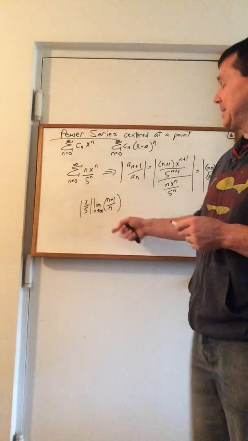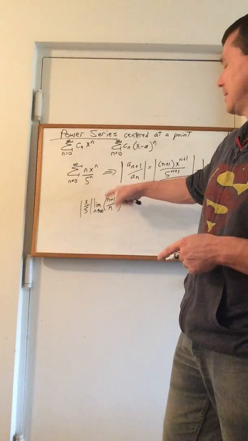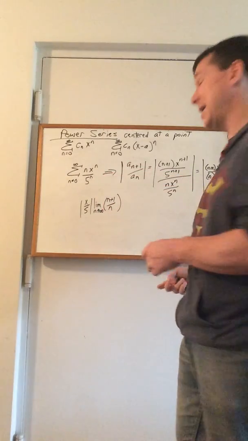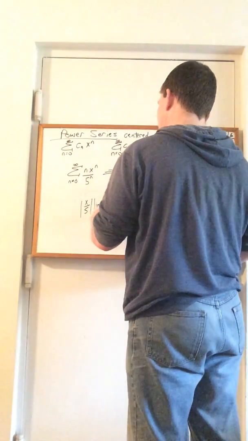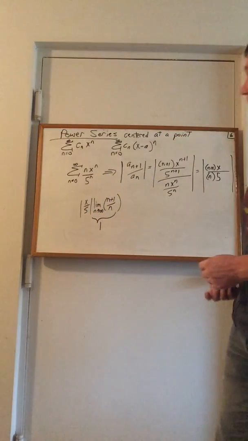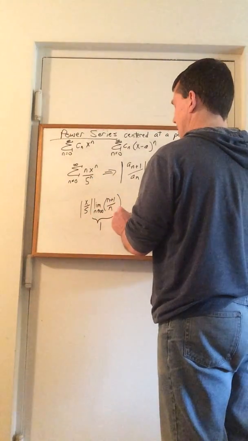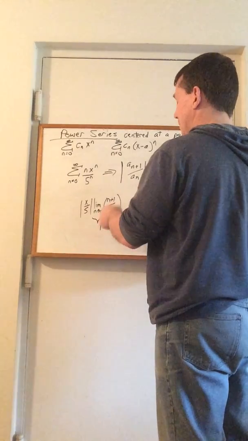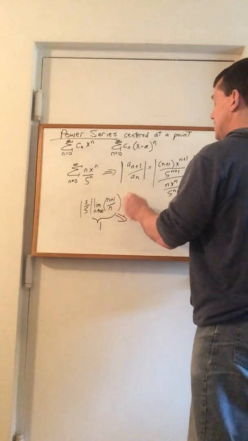And now this limit is easy enough to see. That's just linear over linear, so it's going to be the quotient of leading coefficients, which is 1. So this whole thing is going to approach 1. So the limit here is actually the absolute value of x over 5 times 1, which is the absolute value of x over 5.